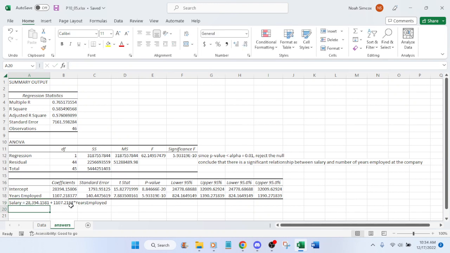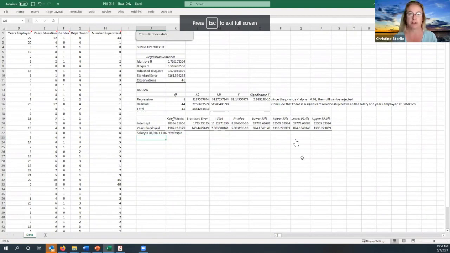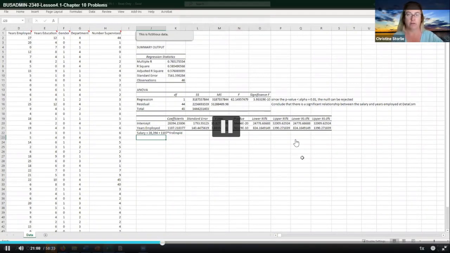Salary equals that plus this times years employed. Make sure it's either evident what it is or give a definition.